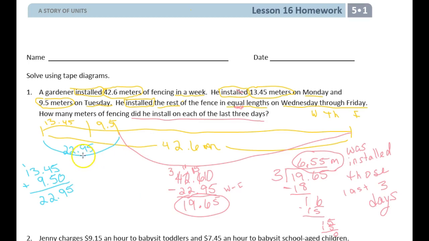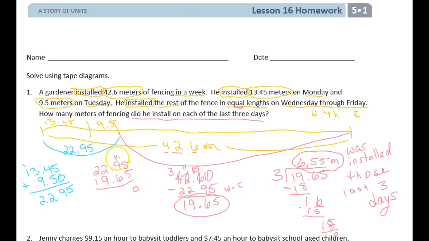Probably. So let's add Monday, Tuesday, which is 22 and 95 hundredths. Remember we found that one? Here's Monday, Tuesday. And then here's Wednesday through Friday at 19 and 65 hundredths. If we add that all together, that answer should match this right here. I know that 5 and 5 is 10, carry.